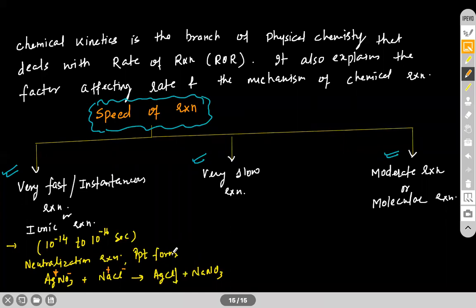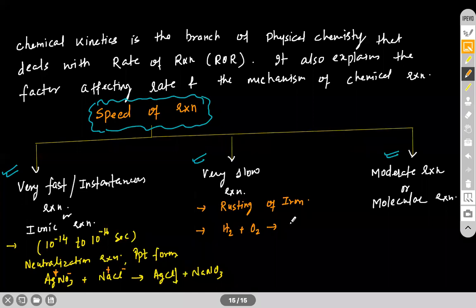For example, we can have rusting of iron, a very slow reaction. Or formation of water at room temperature, H2 plus O2 gives 2H2O.